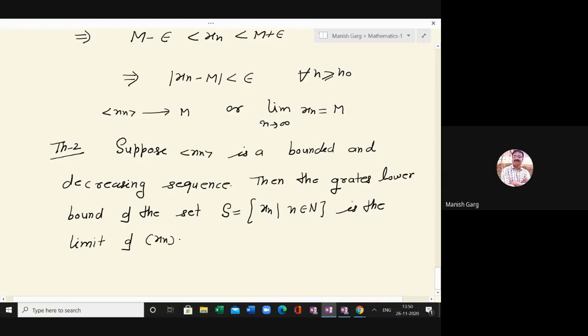If you combine both, if you have a bounded sequence and you are able to prove either increasing or decreasing, then you can say this is convergent.